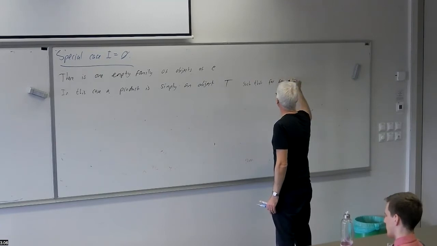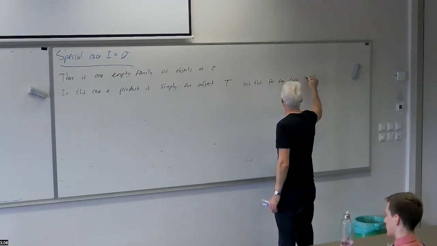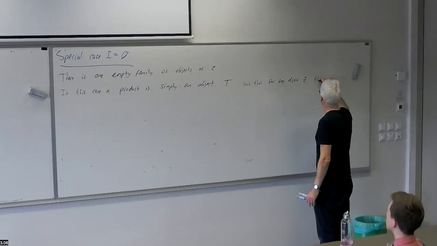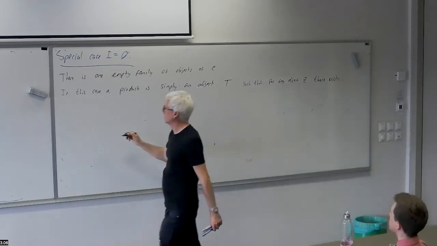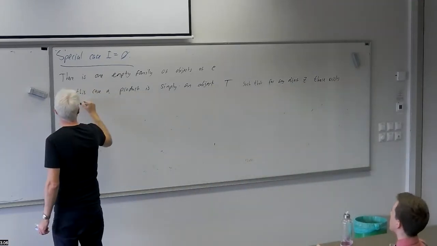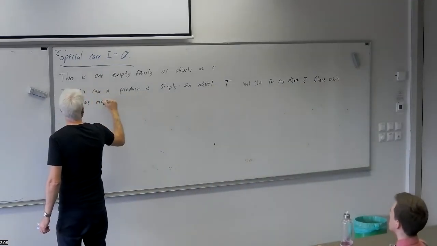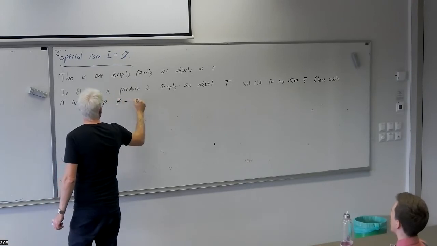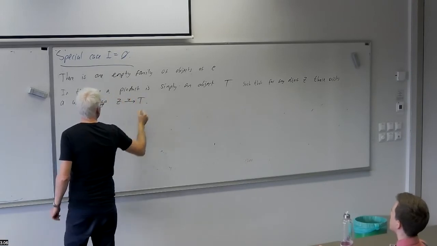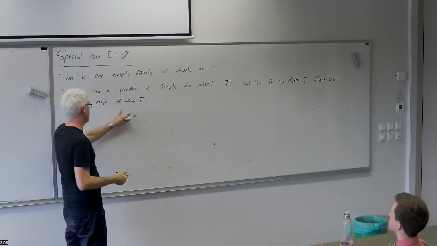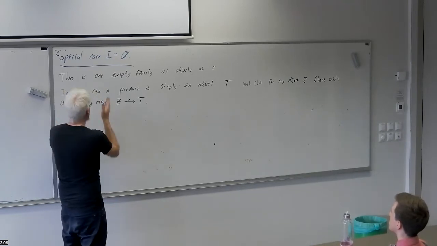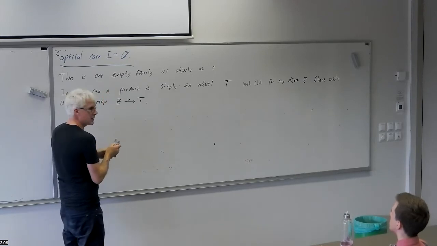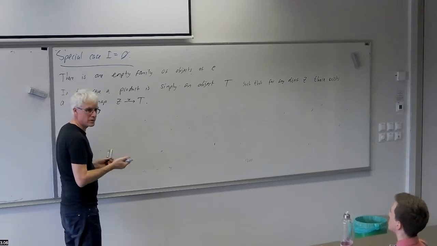for any object Z, there exists a unique map from Z to T. There's only one map for any object Z. There's only one map into T. And this is a very important special case of a product, and it's got its own name.